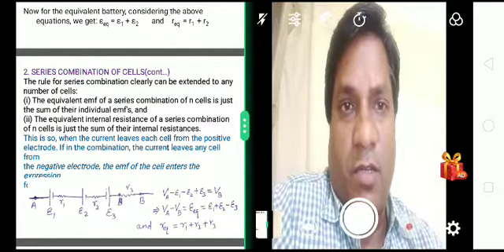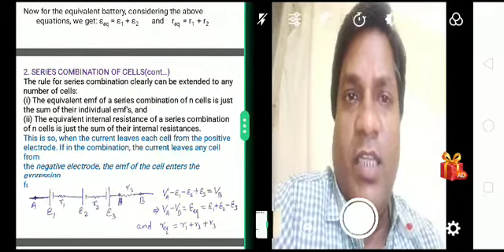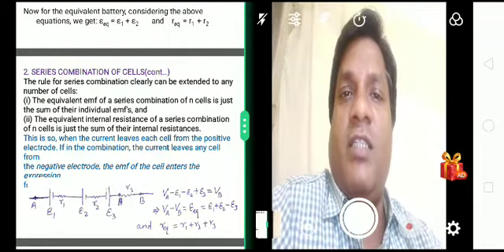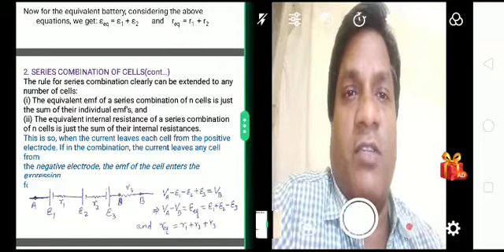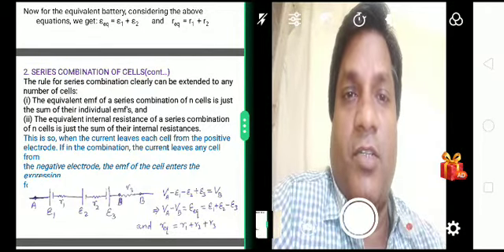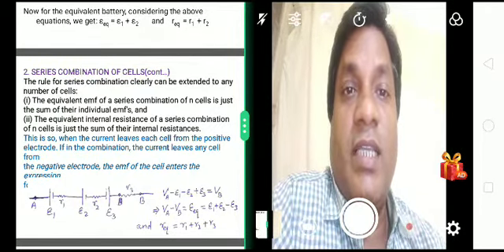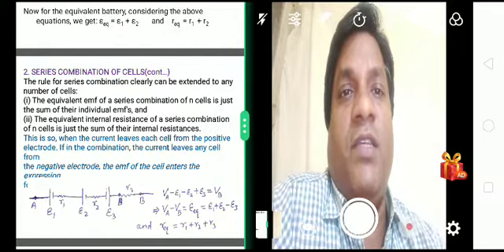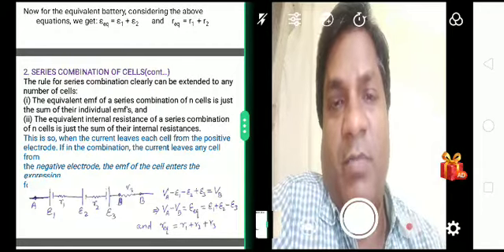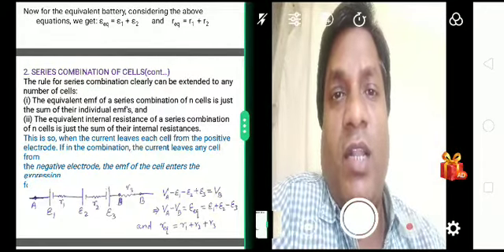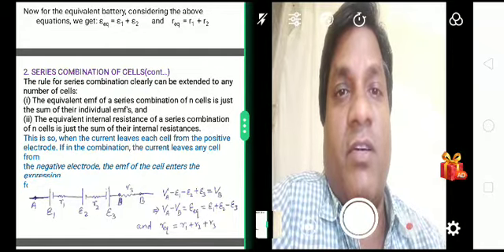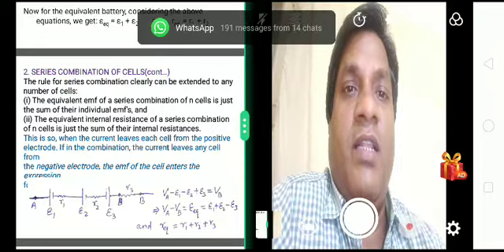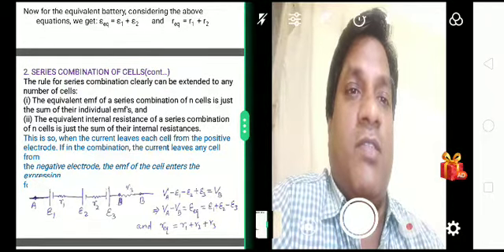For example, look at the diagram below. Three cells of EMF E1, E2 and E3 having internal resistance R1, R2 and R3 are connected in series. But the cell E3 is connected in reverse direction. So if the current is flowing from B to A, that means the current will leave the positive terminal of the first and the second cell, but the current will leave the negative terminal of the third cell.